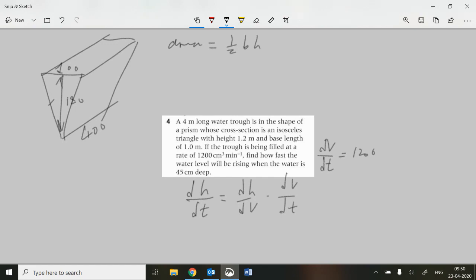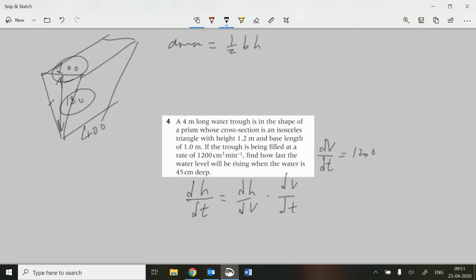You might think that the height is 120 centimeters, but the volume of the water is increasing as we go through. It could be here, it could be here, it could be here. How fast the height is changing at any point depends on where we are in terms of that height. So you might think the 120 is completely irrelevant. Why do we need it at all? Well, it gives us the ratio of our base to our height.